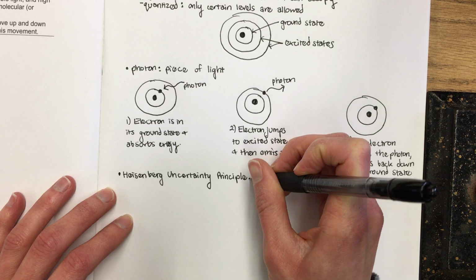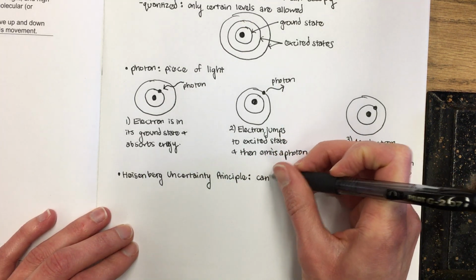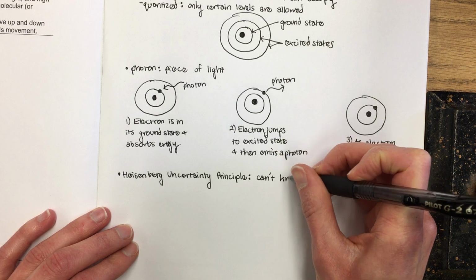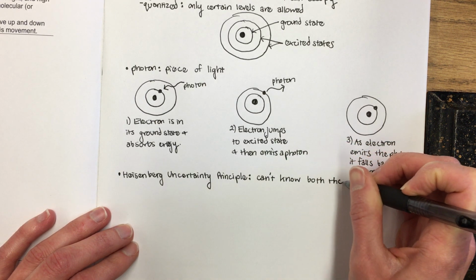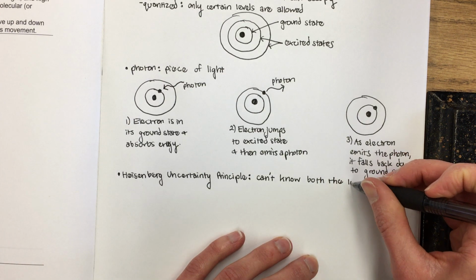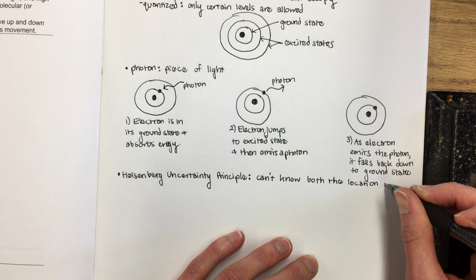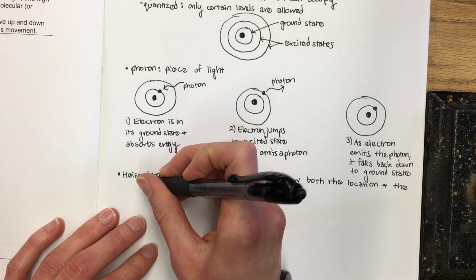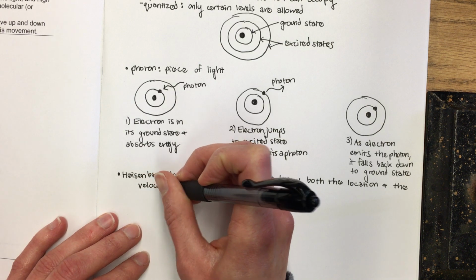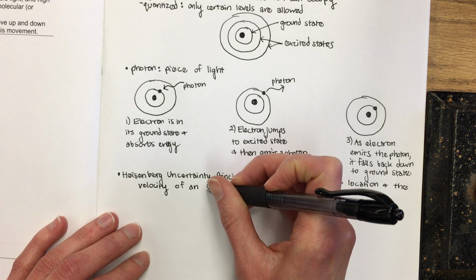And what this says is that it is impossible, we can't know both the location and the velocity of an electron.